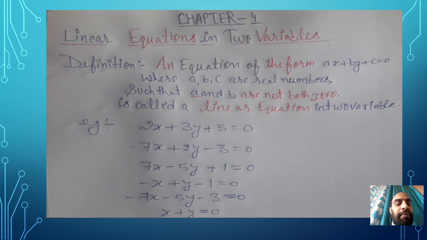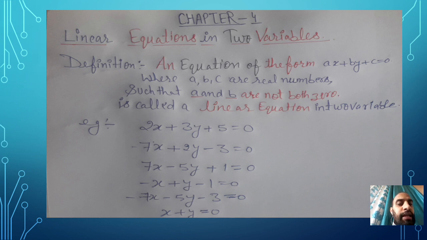So let's take examples. First example, 2x plus 3y equals 5. You can see here the value of a is 2, the value of b is 3 and the value of c is 5. We can compare it with the standard form. In the second case, we have minus 7x plus 2y minus 3 equals 0. That means a is minus 7, b is 2, and c is minus 3.